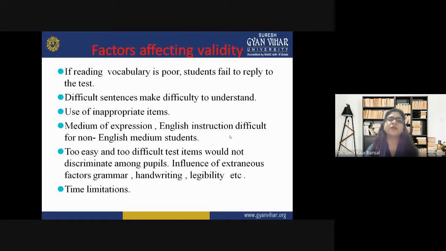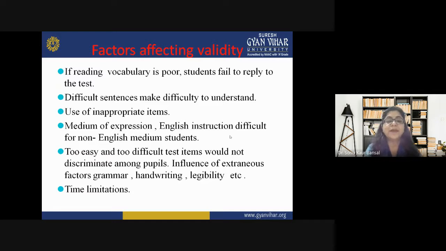So sometimes it becomes a little difficult, so it may also affect the validity. Then too easy and too difficult test items would not discriminate among people. Influences of extraneous factors, grammar, handwriting, legibility, etc., are all factors affecting it.